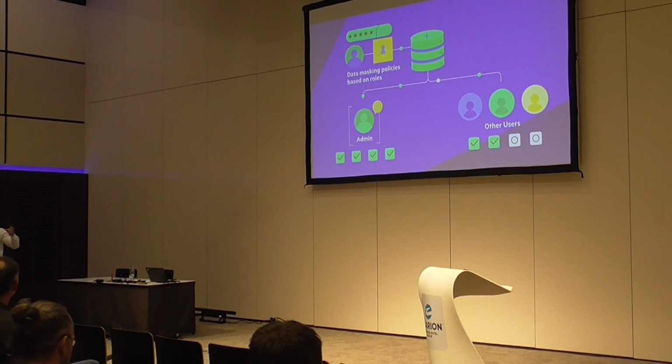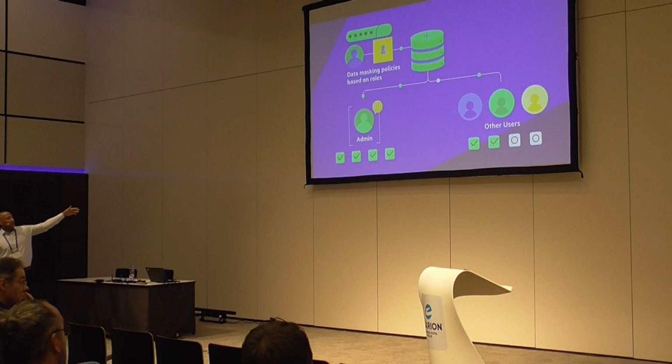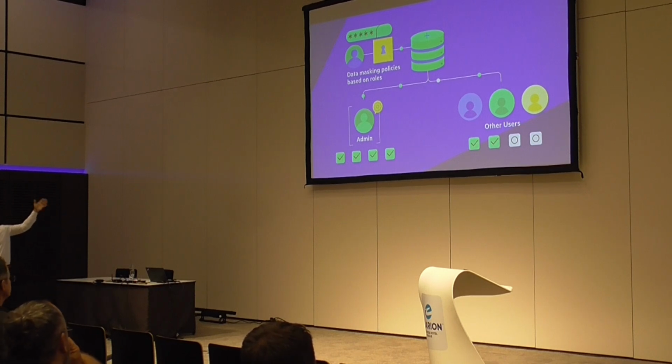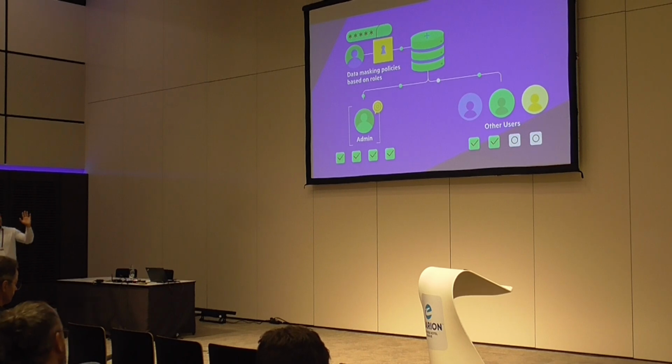And as a last step, users are assigned to those roles. So now data masking policies are applied for the admin, and other data masking policies or DDM rules are applied to non-authorized users or non-DDM users.